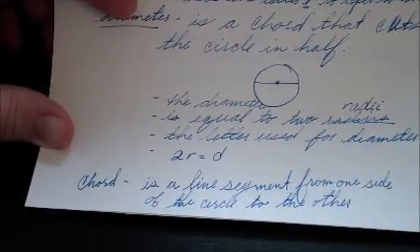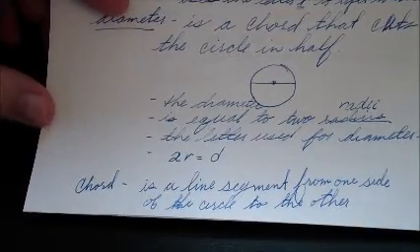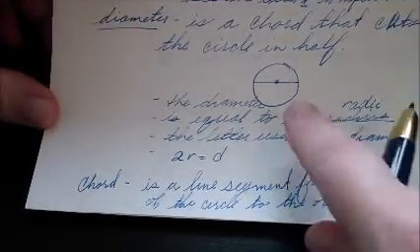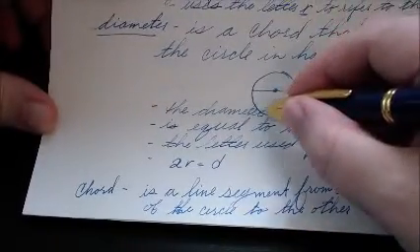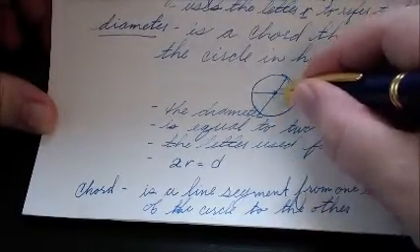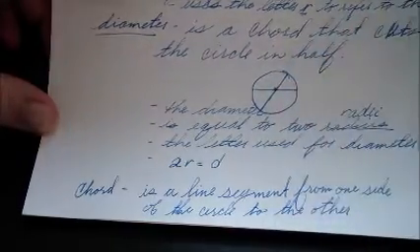So a chord is a line segment that goes from one side of the circle to the other. And the diameter is a special type of chord. Basically, it's a chord that goes through the center of the circle and cuts the circle into two equal parts.